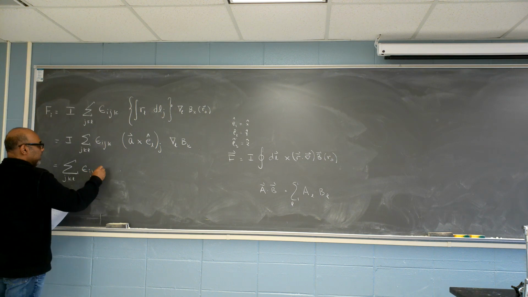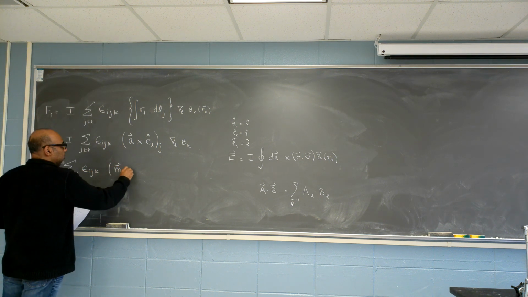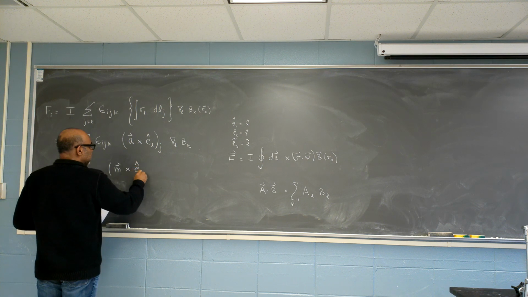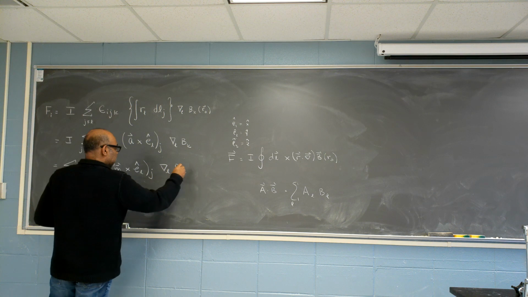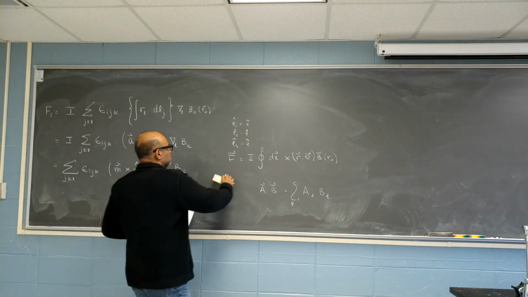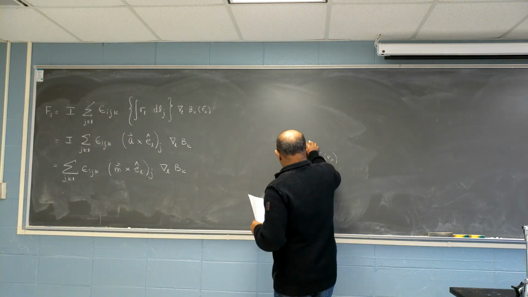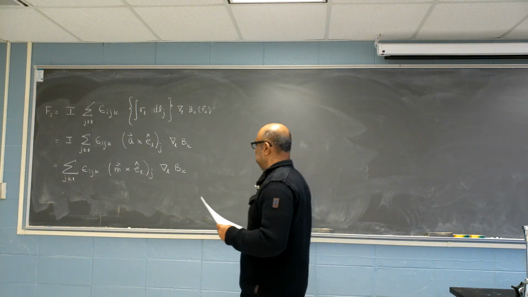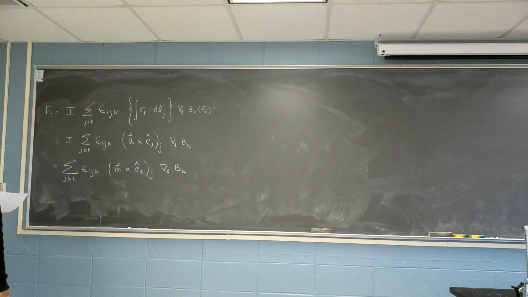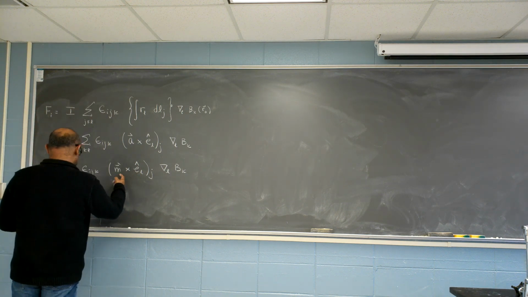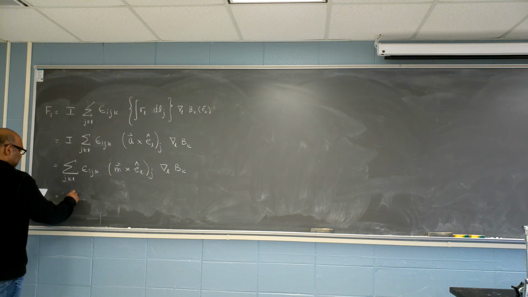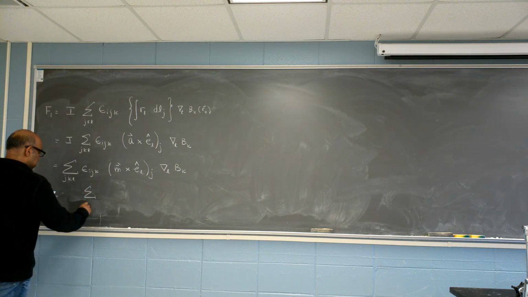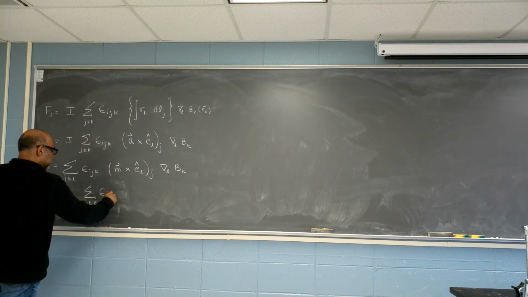J, K, I have M cross E_L, J. Now, this is a cross product. Therefore, I'm going to have J, K, L, epsilon I, J, K.